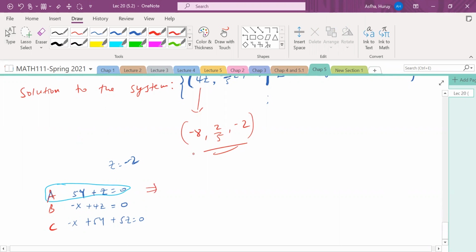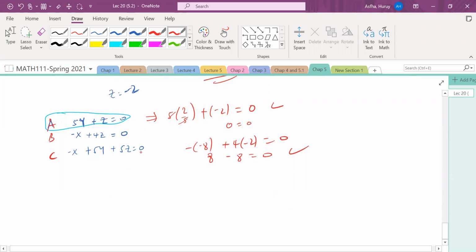For this one, y is 2 over 5, so 2 over 5 plus z, which is negative 2, equals 0. So here we have 2 minus 2 is 0, so this is true. For the second equation, x is negative 8, so negative times negative 8 plus 4 times z, which is negative 2, equals 0. So this is positive 8, this is negative 8, and this is true again.